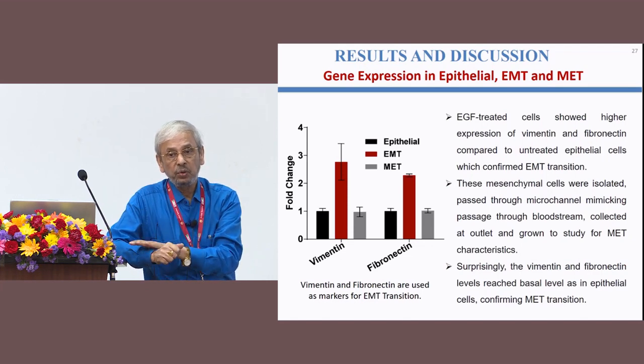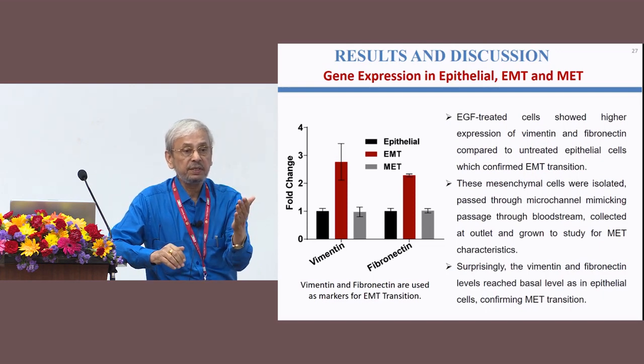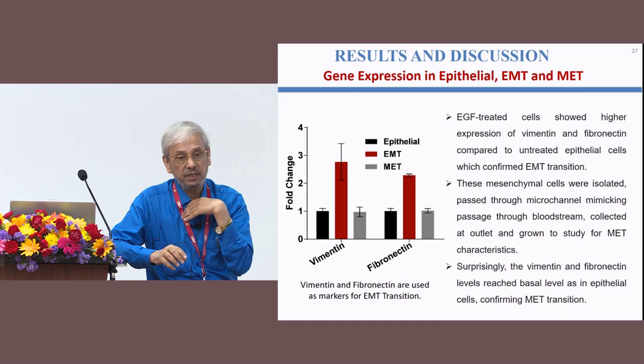We showed one extreme case, which is breast cancer, where the only possibility of reaching the cancer cells to the lungs from the surface of the body is through pulmonary capillaries.